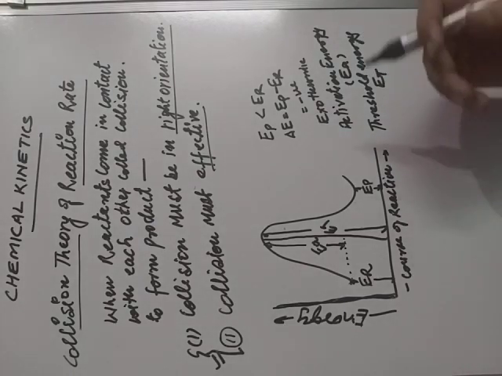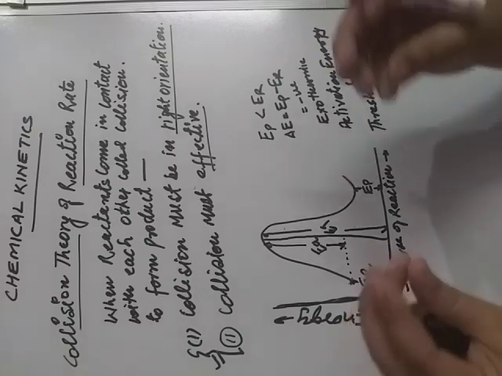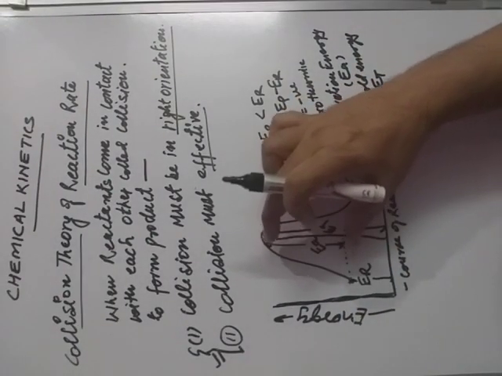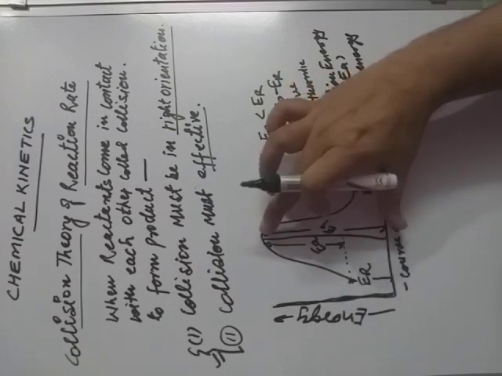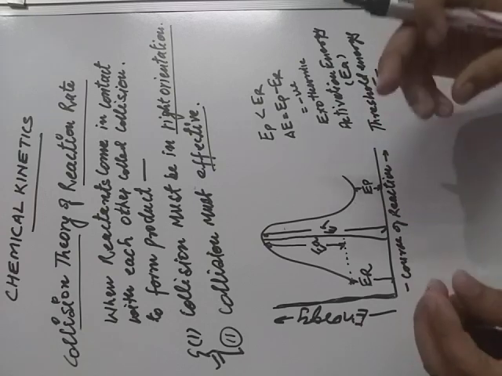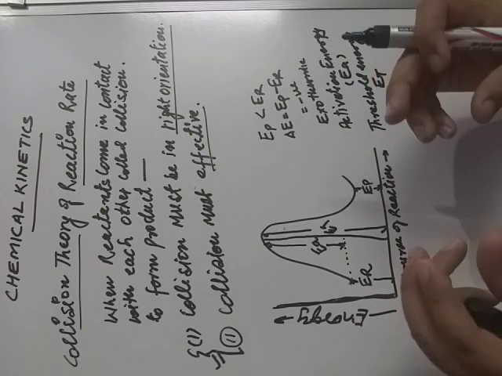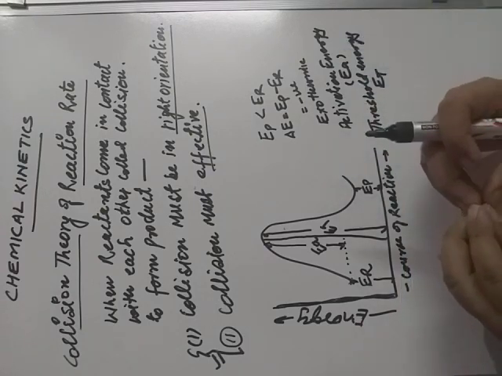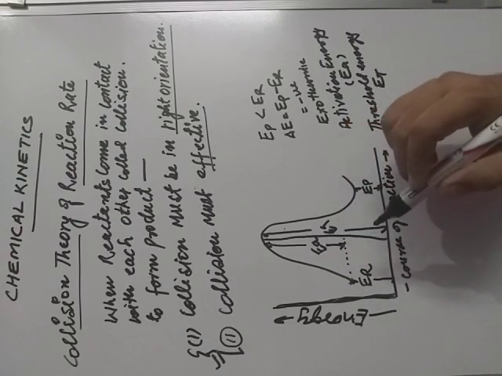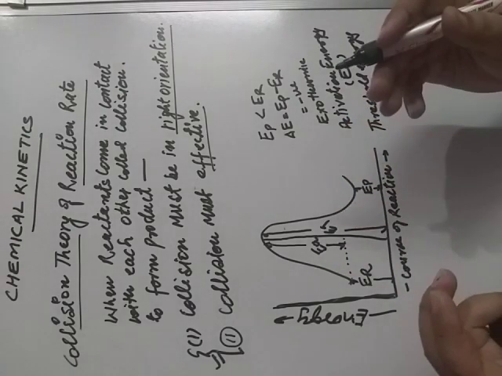Only those collisions will be effective when they collide with each other and get this much energy, and the total energy becomes this much, that can cross the energy barrier and convert into the product. If the reactant molecules are colliding with each other, but they gain energy less than activation energy, less than threshold energy, then they will not form product.